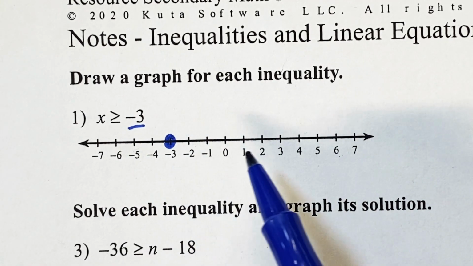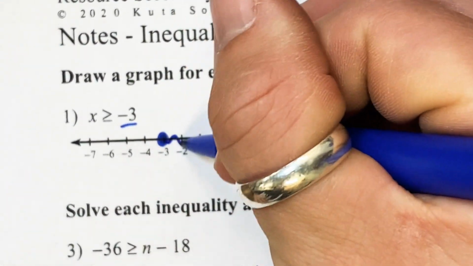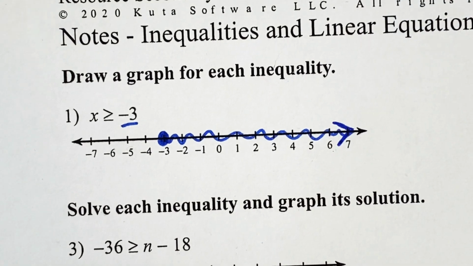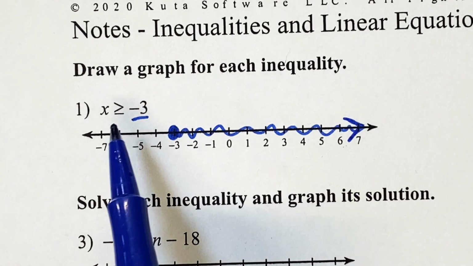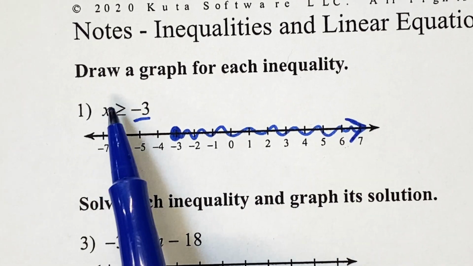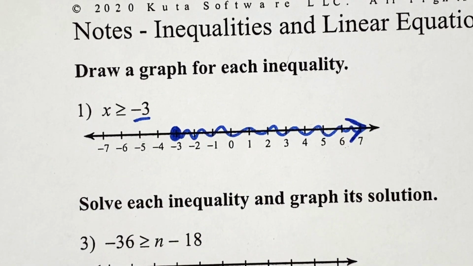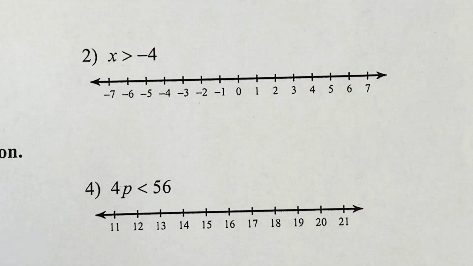Where are they getting bigger? It'll be to the right, right? These numbers shading this way, those numbers are getting bigger, greater than -3. You also could have thought, oh, okay, my variable came first, so I know that that is pointing to the right. Okay, perfect.